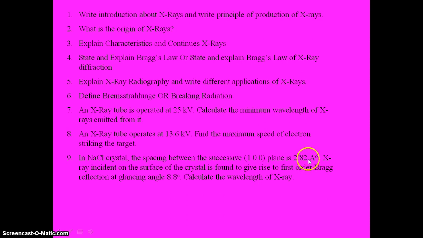Here d is given, theta is given as 8.8 degree, and n is 1, first order Bragg reflection. So first order Bragg reflection means n is 1. So 2d sine theta is equal to n lambda. 2 is given, d is given, theta is given, n is given, and we calculate lambda, that is wavelength, right?